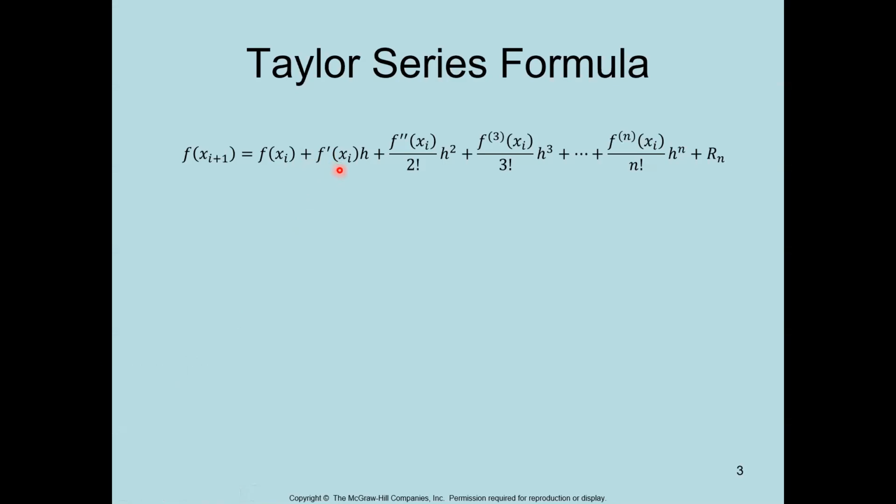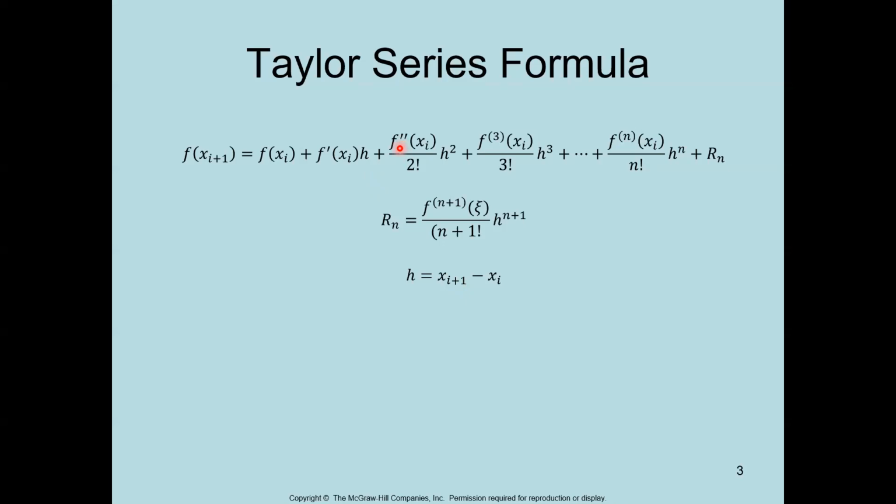Then we calculate this derivative of the function at x_i, and multiply it by h, where h is the difference between x_{i+1} and x_i, that means the step to the next point.